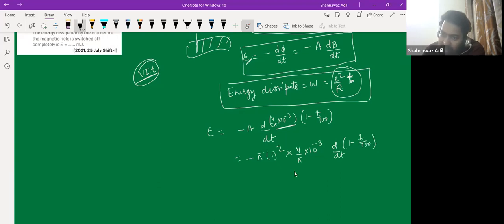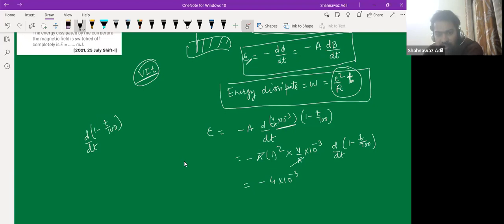So what would be the differentiation of this thing? Can you tell me what is the differentiation of 1 minus t by 100?